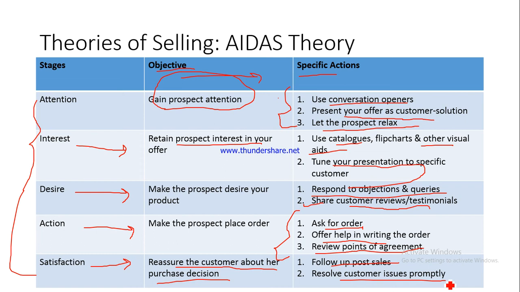So I might have made this kind of a mistake in using these terminologies. Instead of customer, I might have used prospect in places. So please make amends for that automatically on your own. A prospect is one who has never earlier bought your product, but he is likely to buy it because he is impressed with your product, or maybe he has decided that he will be buying it.